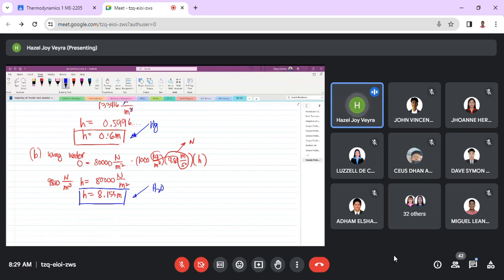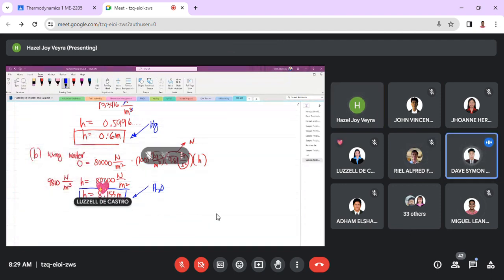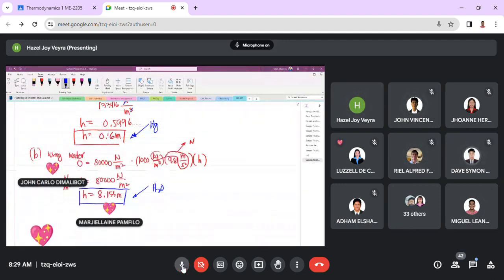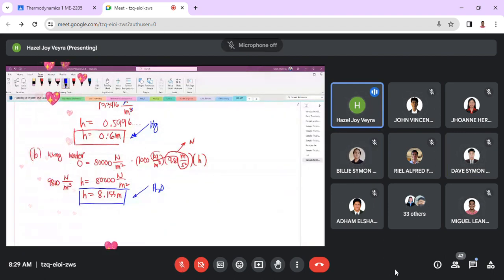Okay, any question dito sa problem? Wala naman po. Clear naman everything. If medyo magulo yung pagtuturo ko, don't interrupt niyo na lang ako, no? Halimbawa, merong masyadong paano naging ganon.